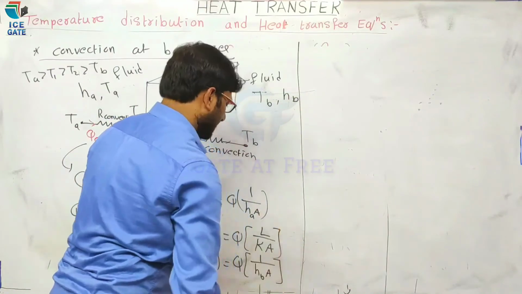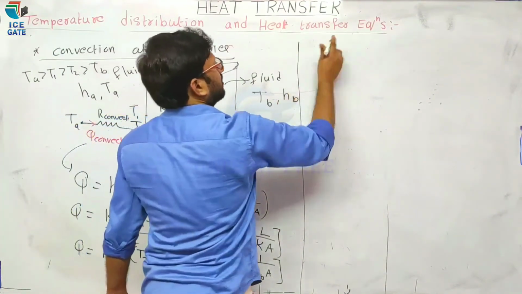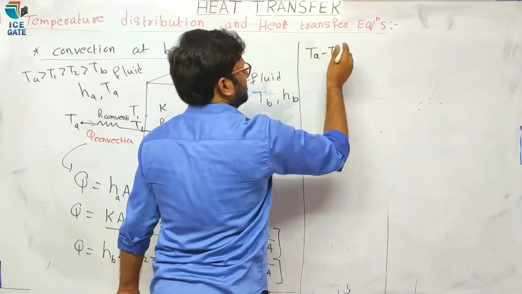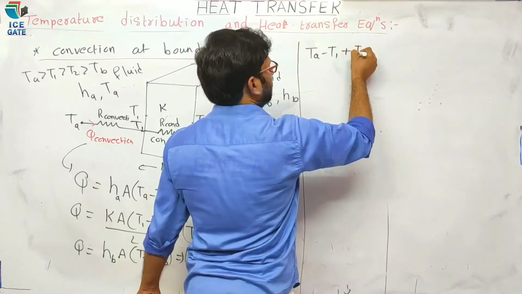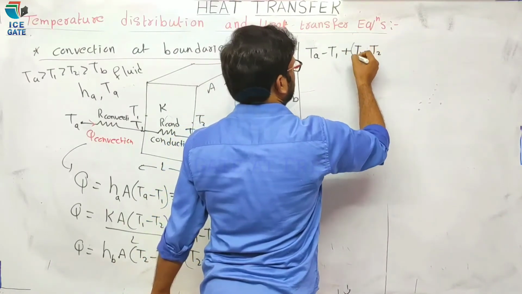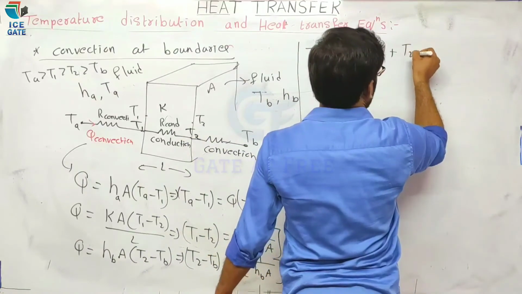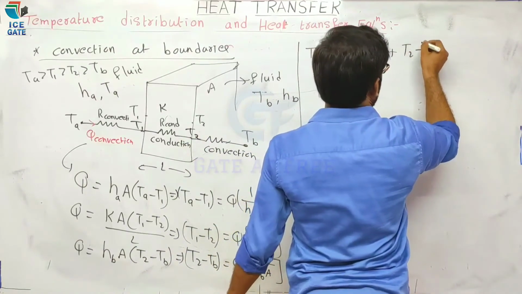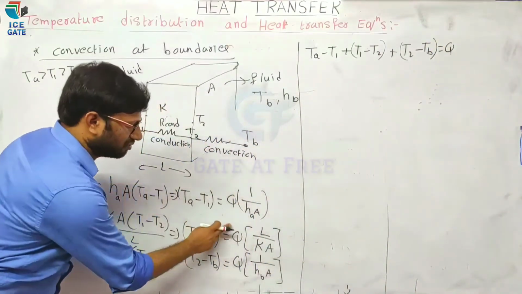Now, by adding all delta T's, that is (TA minus T1) plus (T1 minus T2) plus the last delta T, (T2 minus TB) is equal to, take Q common.